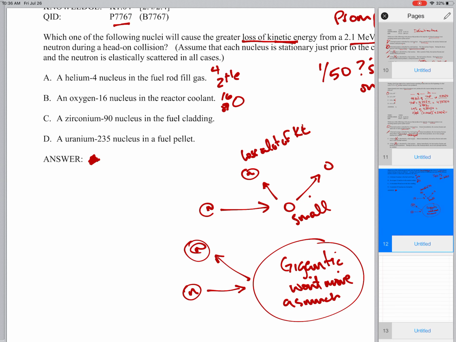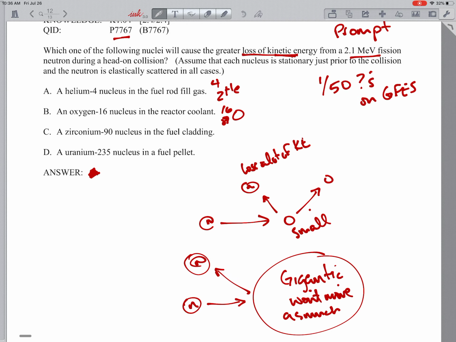Zirconium-90 has 90 protons and neutrons, so that's gigantic compared to oxygen. And U-235 has a total of 235 atomic mass units. That one has 90, that one has 16, and that one has a total of 4. So the answer is going to be A.